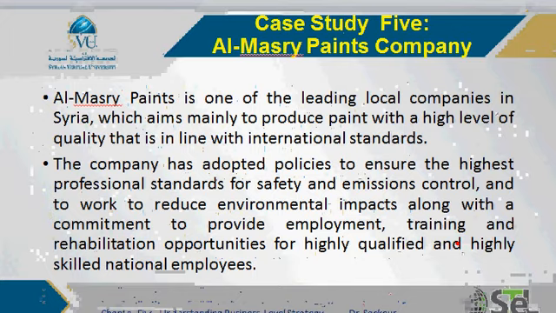The company has adopted policies to ensure the highest professional standards for safety and emission control, and to reduce environmental impact, along with a commitment to provide employment, training, and rehabilitation opportunities for highly qualified and highly skilled national employees.